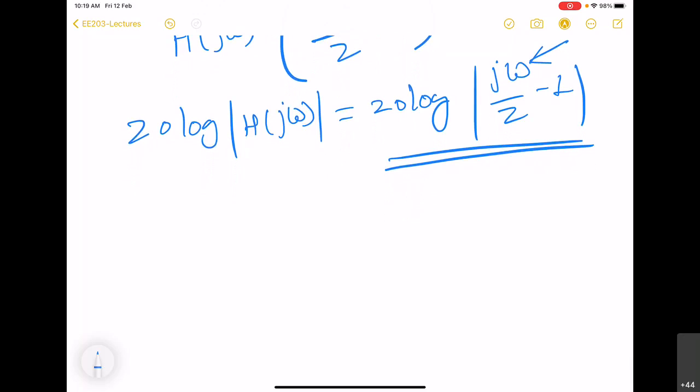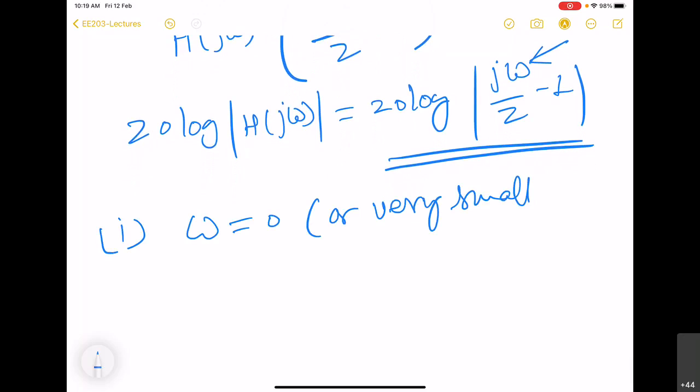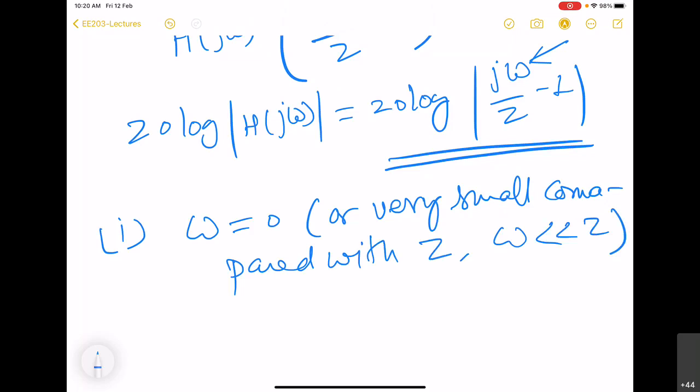So here the various cases that we will consider is when frequency is equal to 0 or very small compared with Z. So we are basically considering this case. And the extreme case is going to be omega is equal to 0.